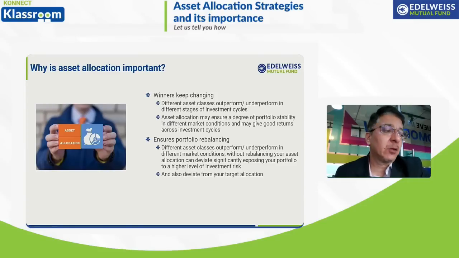And the last one is, if I do an asset allocation, I can also indulge in something known as periodic rebalancing. Wherein I go back to my original asset mix. And by doing this, quite simply, I am ensuring that my portfolio is not getting exposed to any higher degree of volatility.